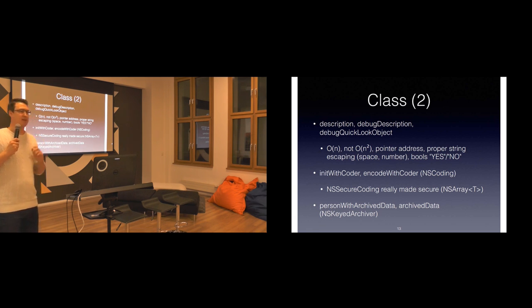Yeah, and then we have init with coder and encode with coder. So I comply to NSCoding, and I also comply to NSSecureCoding. If you don't know, Apple introduced it a few years ago and said this is the way you should do it, because with the NSCoder you sometimes have some small problems.